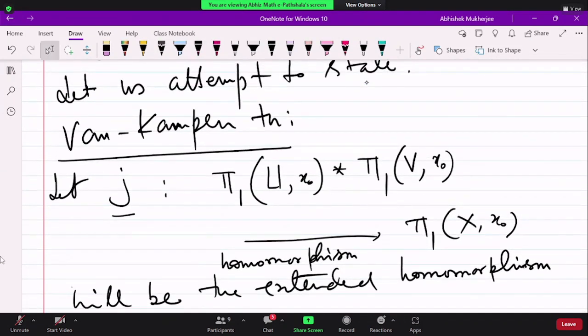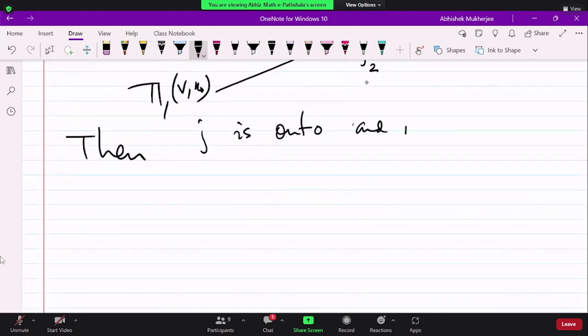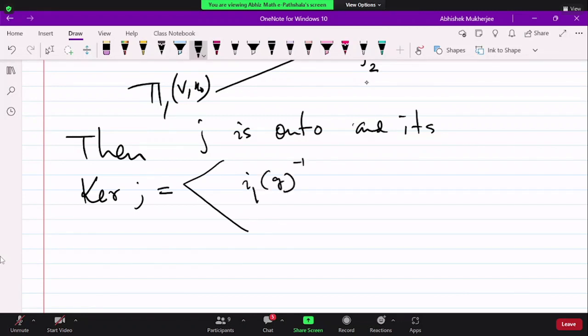So that means it is an epimorphism from this free product of two groups onto the fundamental group of X, and therefore by using the first isomorphism theorem, you can determine the kernel of J. That kernel will be generated by elements looking like this: i1 of g inverse, i2 of g, and its conjugates k inverse.